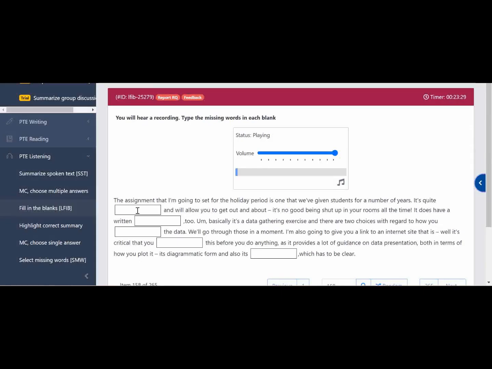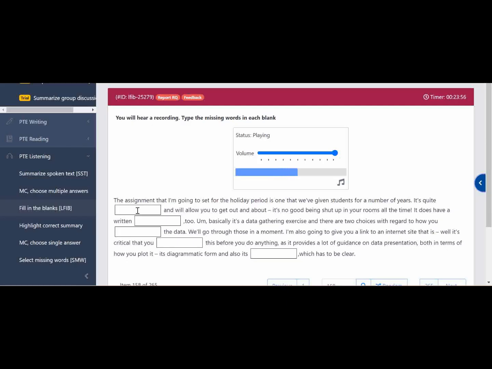The assignment that I'm going to set for the holiday period is one that we've given students for a number of years. It's quite practical and will allow you to get out and about. It's no good being shut up in your rooms all the time. It does have a written element too. Basically, it's a data gathering exercise, and there are two choices with regard to how you collect the data.